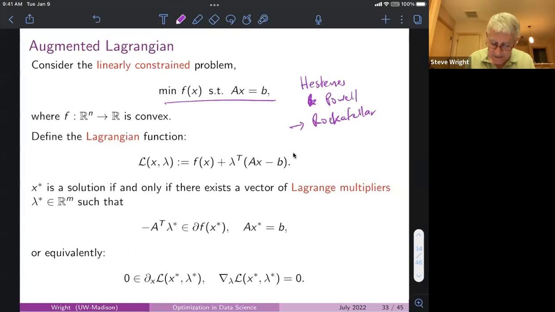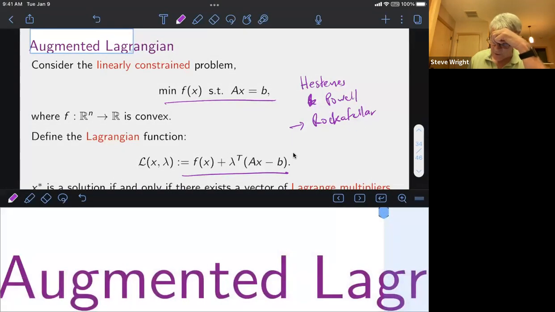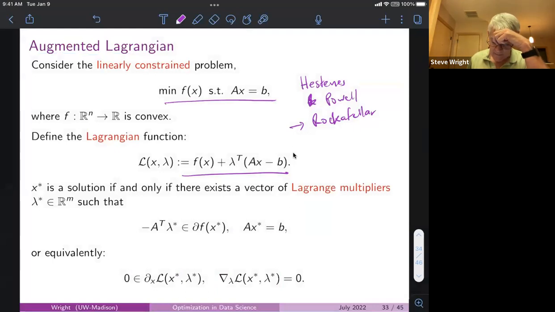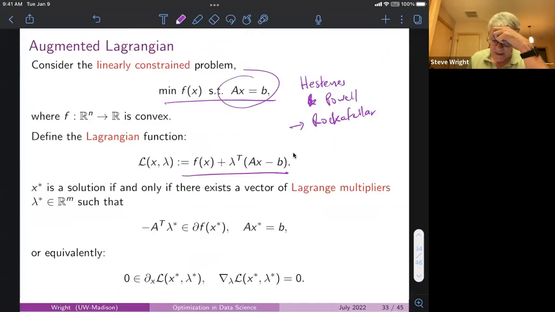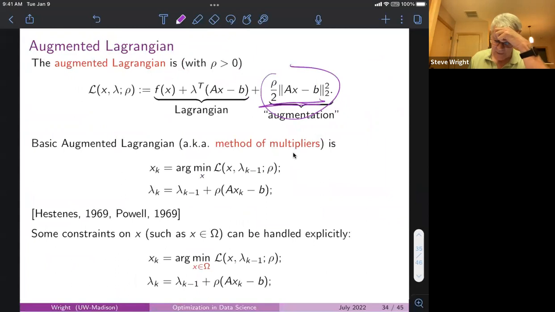So the idea is you can write down a Lagrangian, which, as you know, is a very useful tool for defining optimality conditions for this problem. And you can add something onto it. You can add on a quadratic penalty term that's 0 when the constraints are satisfied and positive otherwise.